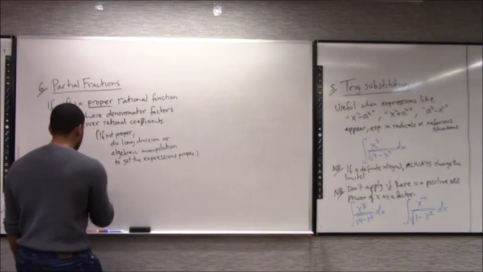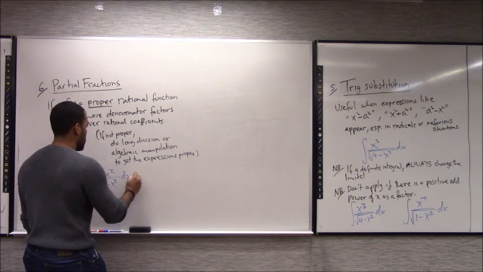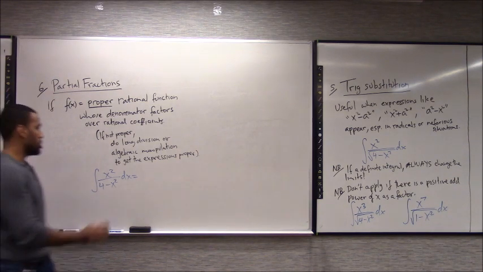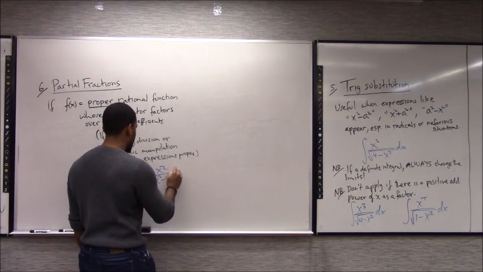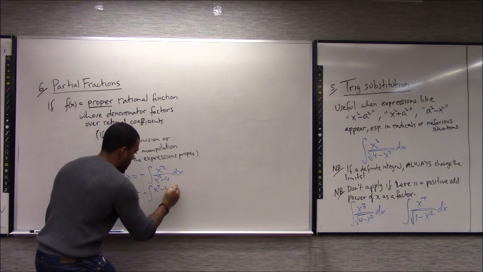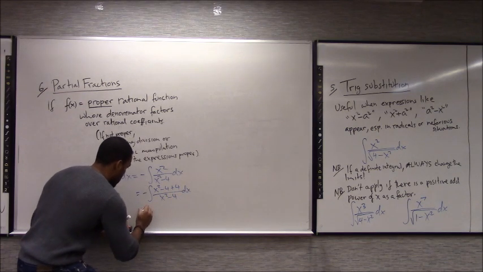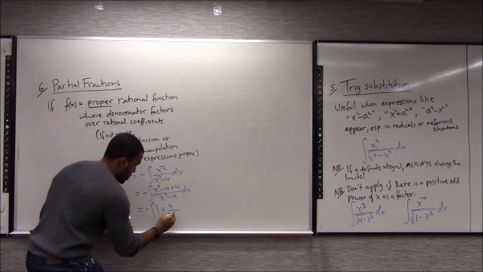So if I had, say, x squared over 4 minus x squared, instead of going through a trig sub, which tends to be annoying because I have to switch back to x, what I probably would do is something like factor out a negative, subtract 4 and add 4, break this up into two parts. That's going to be 1 plus 4 over x squared minus 4.